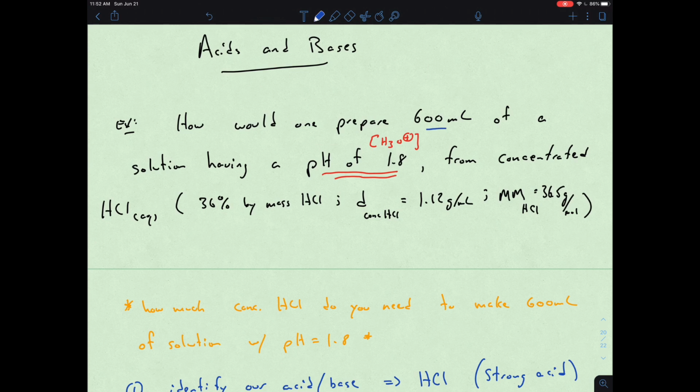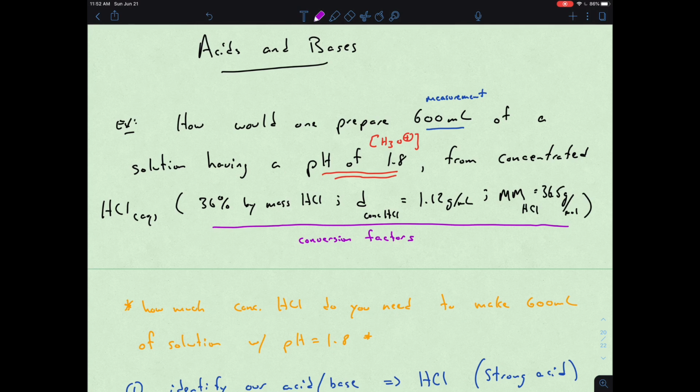We do have a measurement, which is the 600 milliliters of this solution that has a pH of 1.8, and then we have a number of conversion factors. Notice that all of these have two types of units, one in the numerator and one in the denominator. And so as a result, these are conversion factors.